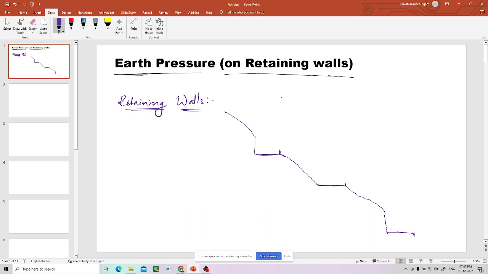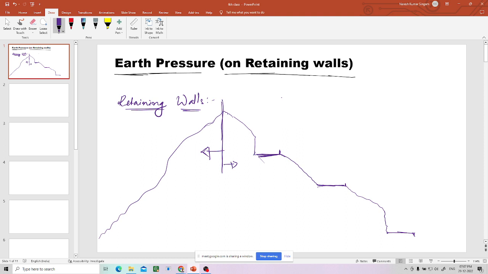Suppose this is one side of the hill. Before these roads are laid, this was the structure. This is the left side.